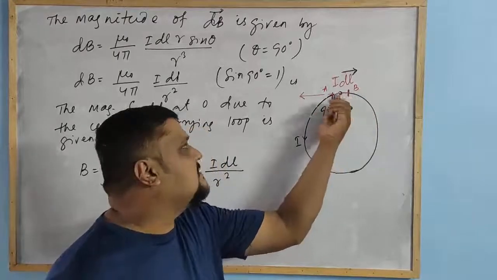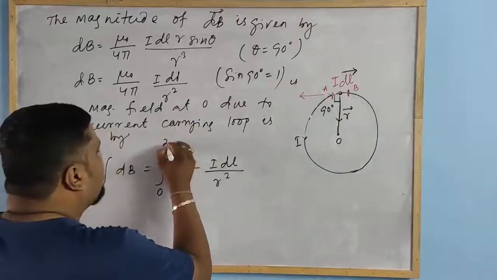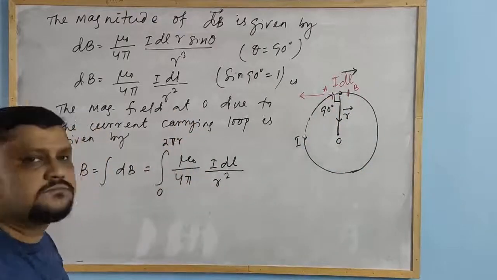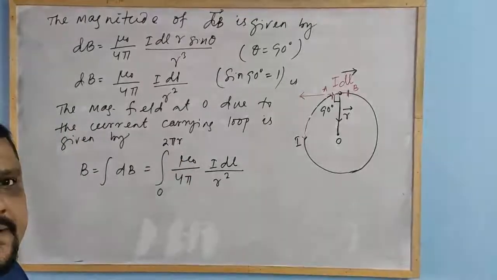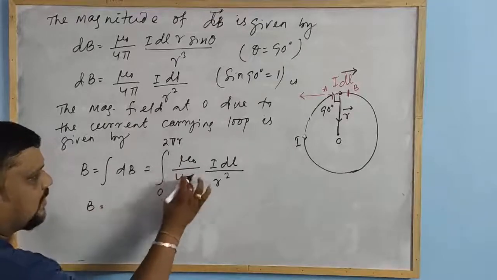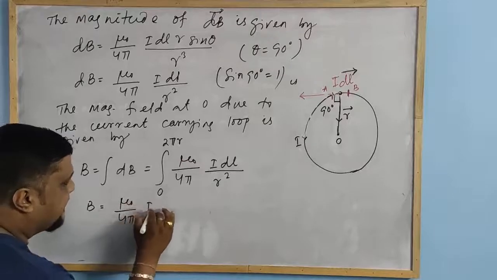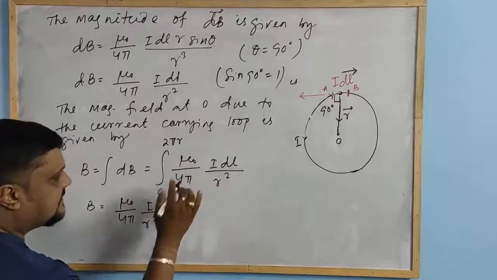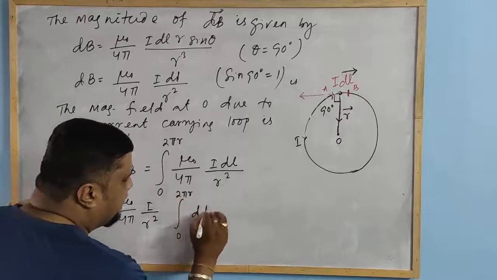So the total length is covered, that is up to 2 pi r. 0 to 2 pi r is the limit. If you solve this, B equals, all are constants. What are the constants? Mu naught by 4 pi, I by r square is constant. Integration over 0 to 2 pi r of dl.